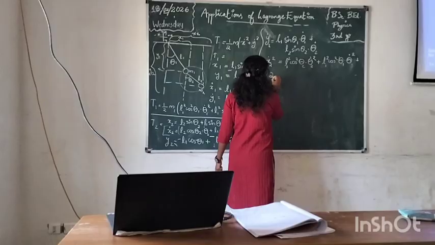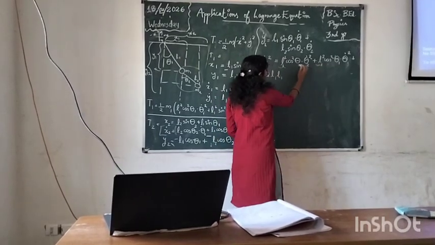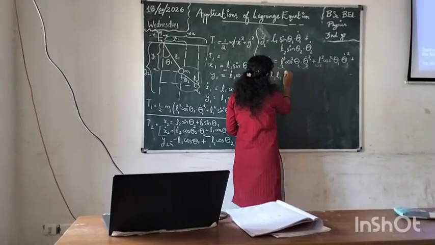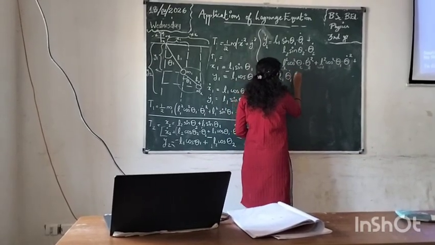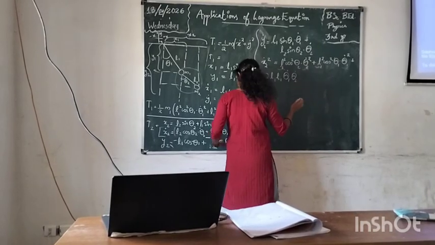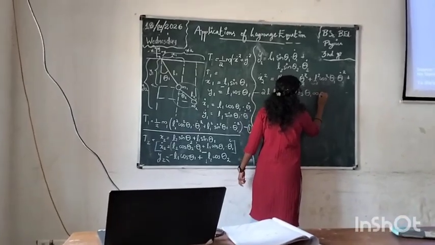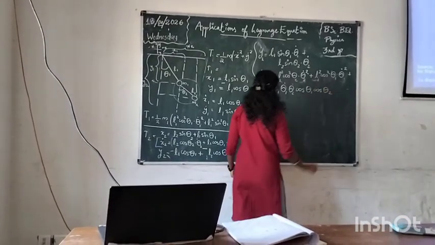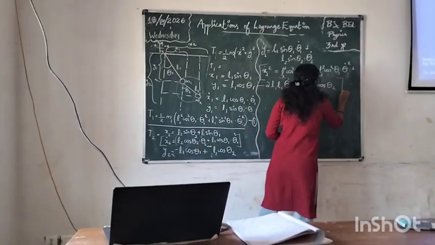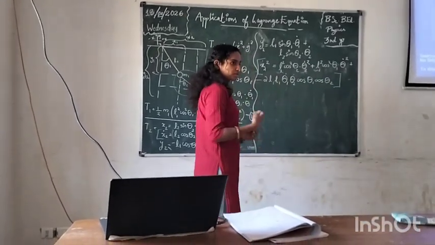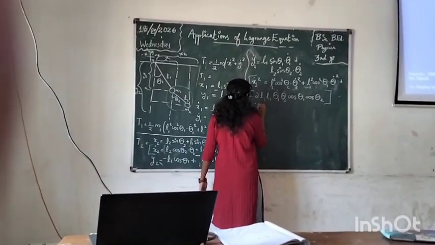It will be 2 L1 L2, theta 1 dot theta 2 dot, cos theta 1 cos theta 2. So this is our x2 dot square.